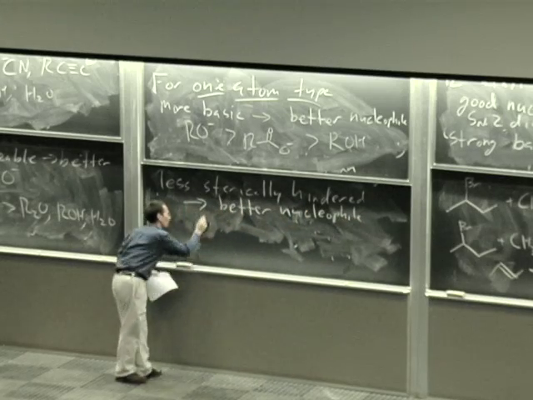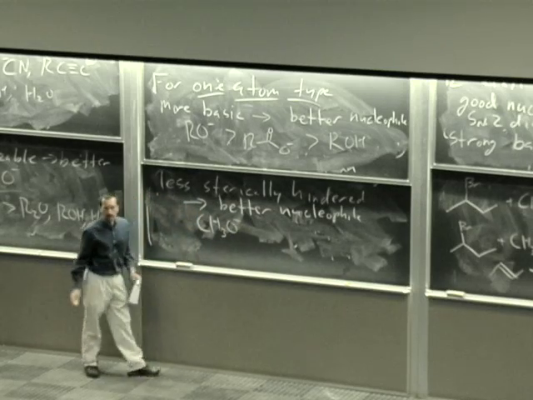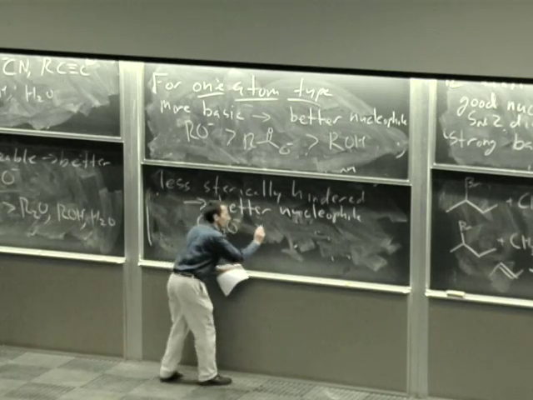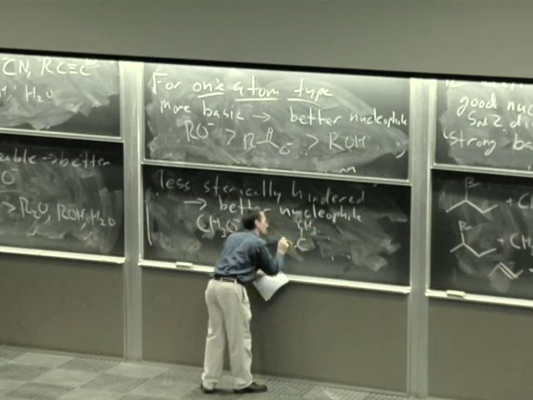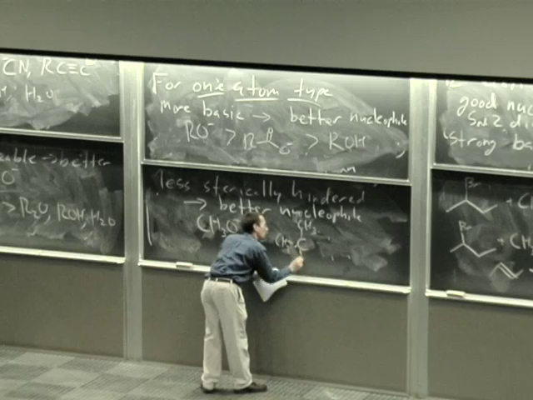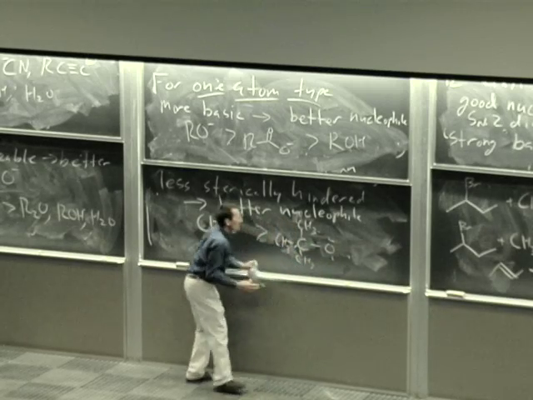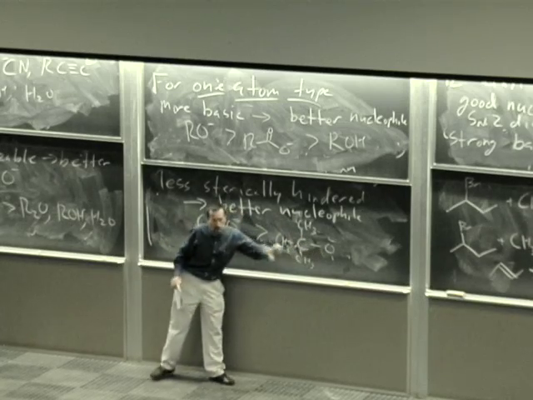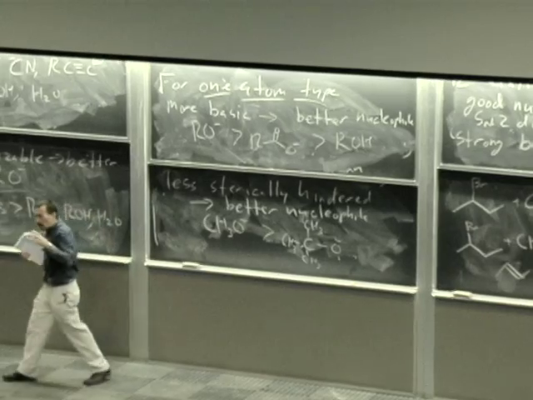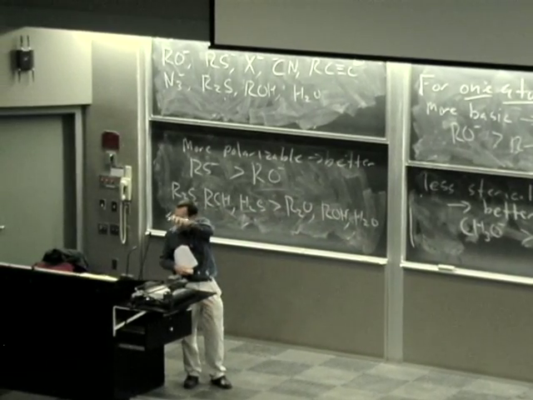So for example, methoxide, CH3O-, is going to generally be a better nucleophile than tert-butoxide. Tert-butoxide, with this big bulky tert-butyl group, has the oxygen crowded. It's very hard for it to form that trigonal bipyramidal transition state.